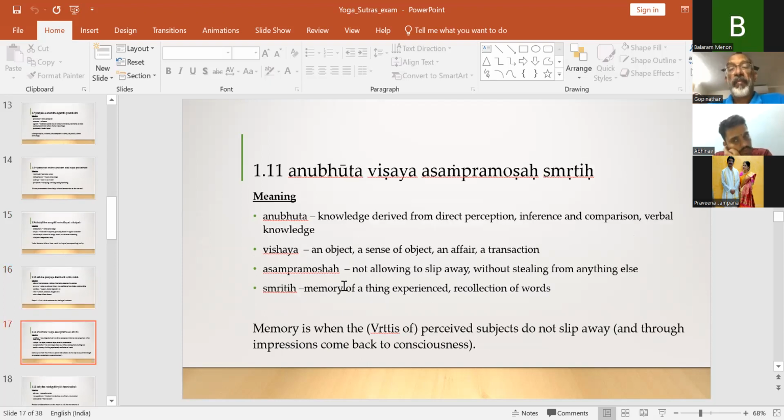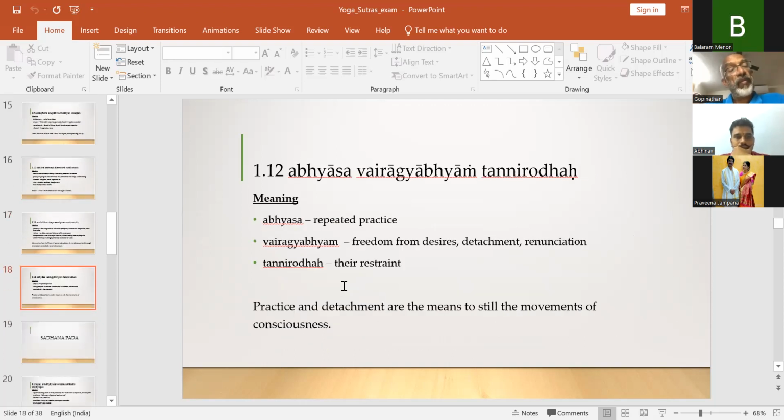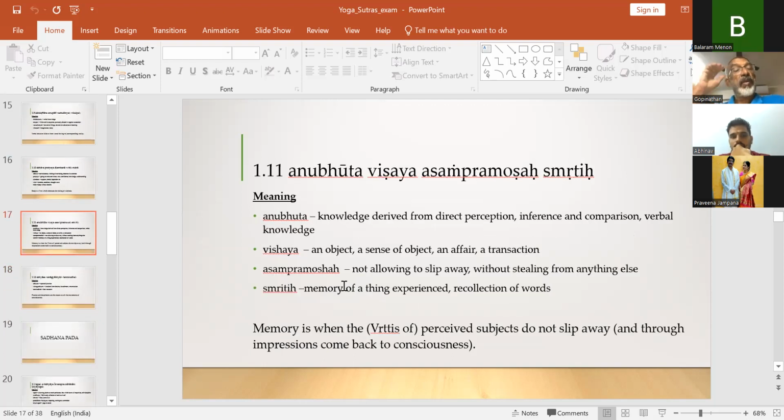Anubhuta vishaya sampramoshaha smriti. Anubhuta means what we have experienced. Vishaya means the object, which is not slipping away. Sampramosha means this is called smriti. If we went to some place and have eaten some food, we compare the food with what we ate at some other place. How?